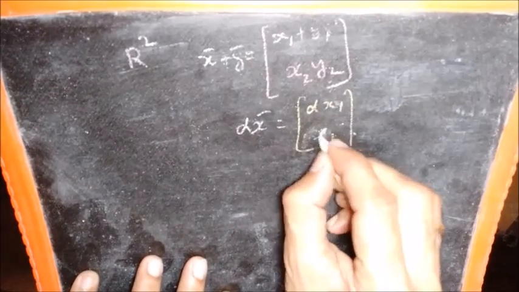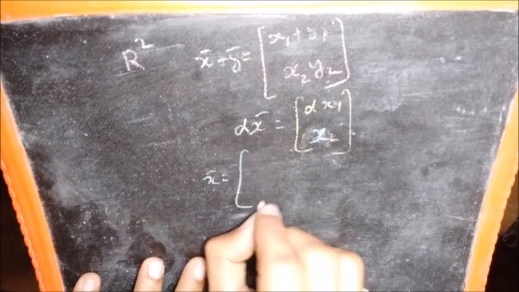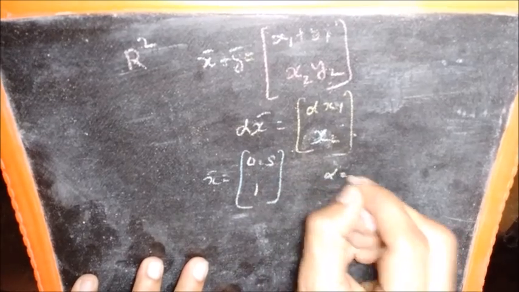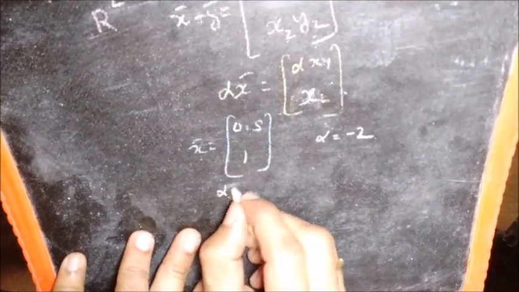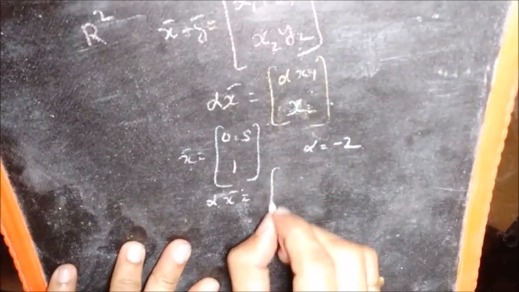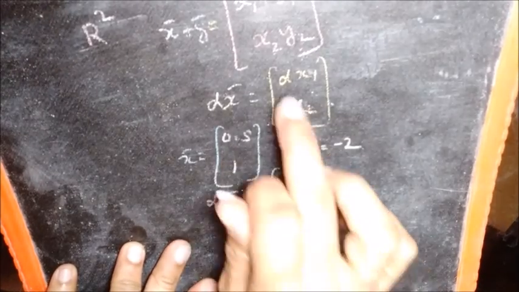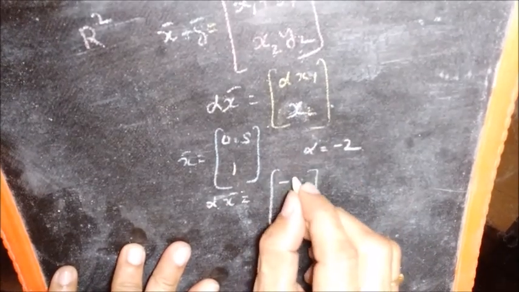And if it is scalar multiplication that we are thinking of, let us say our x is 0.5 and 1, and alpha is minus 2. Remember, alpha has to be a real number. So alpha into x, when we define scalar multiplication like this, will be 0.5 into minus 2, that is, alpha is minus 2 and x1 is 0.5, which gives you minus 1.